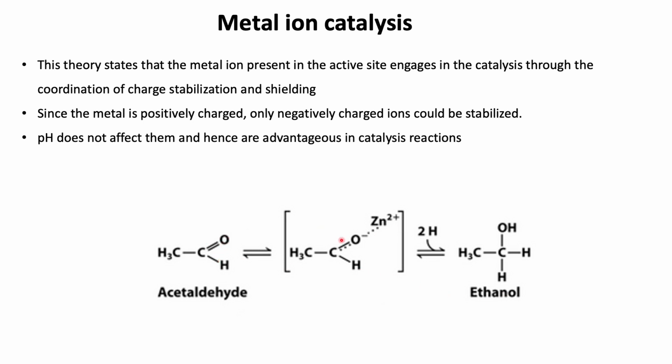This negative ion is stabilized, and it receives one hydrogen atom, forming OH, an ethanol alcohol group, and another hydrogen atom, which we see here. So this is the mechanism of metal ion catalysis.